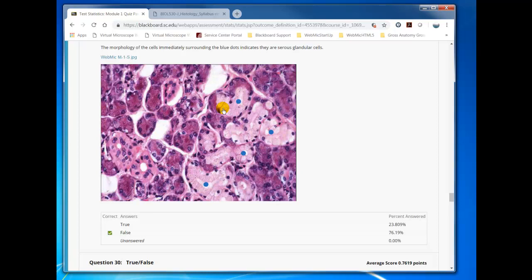The noun is M-U-C-U-S, mucus. Okay? So the other cells that show some granules in them and a very solid staining are serous cells, and they produce protein, not the mucus.